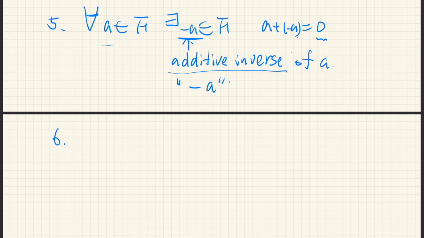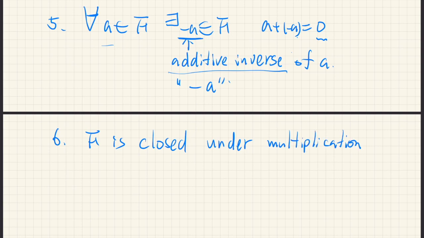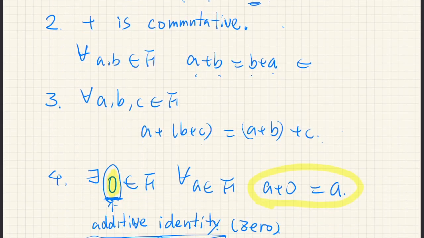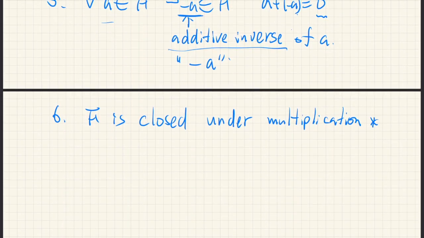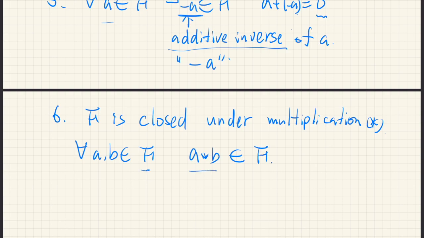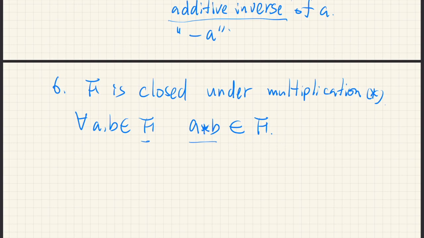So 6, F is closed under multiplication. Multiplication we denote by star. So that means for any elements A, B of F, A times B is still an element of F. So it doesn't go beyond this set as a result of multiplication.